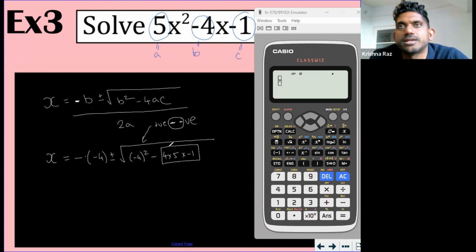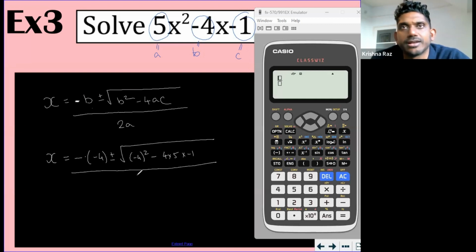And those two minuses make a plus, exactly. So that will impact on our answer. So if you forget this negative sign, your answer will be totally wrong. So you need to be very careful of that. And then it will be all over 2a. So I'm going to play around with that in this example. First, let's do it correctly and see what values we get for x1 and x2.